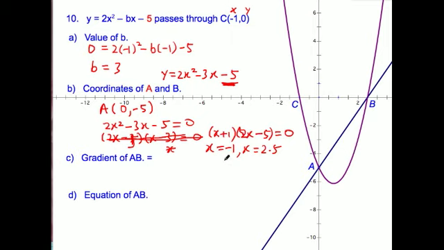Therefore, B, which is on the positive side, must be 2.5, 0.